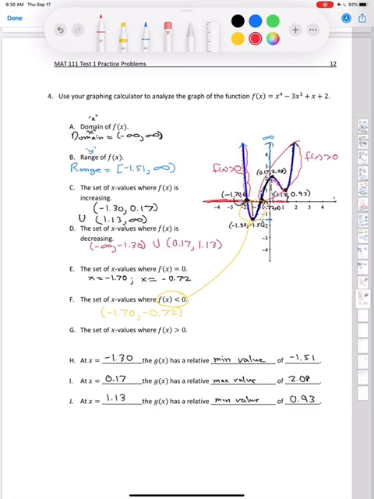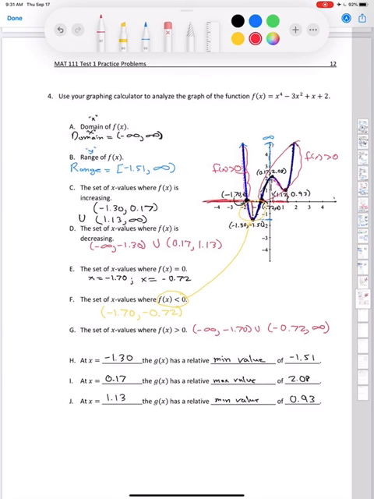So in interval notation, the x values will be negative infinity, so all x values less than negative 1.70, or, our second interval, all the x values greater than negative 0.72. The graph goes all the way to infinity, taking place above the x-axis. So there are my x values where the function is positive.